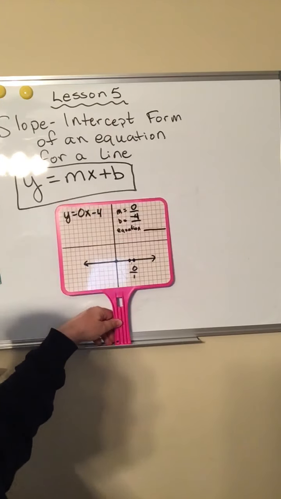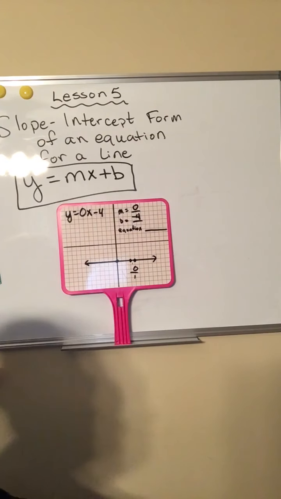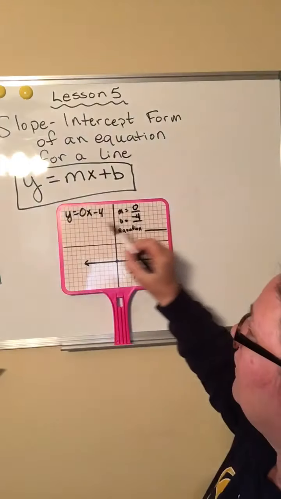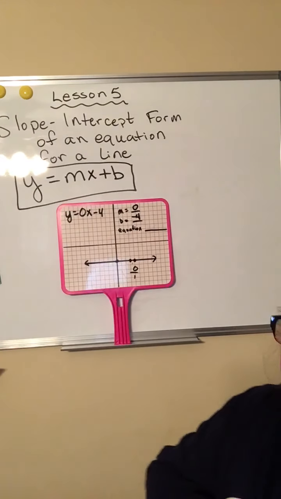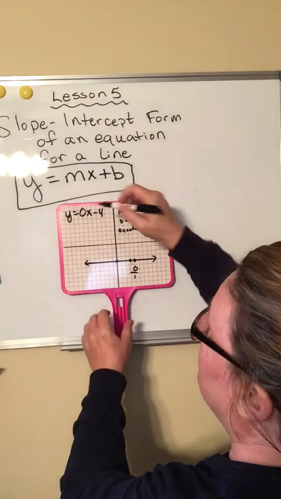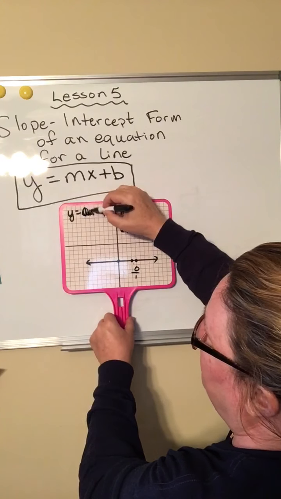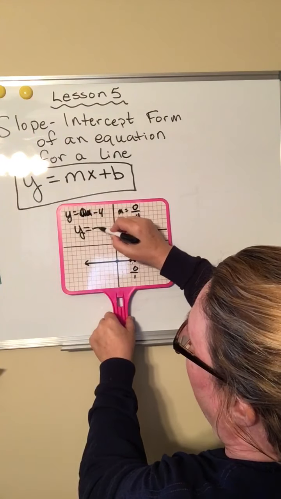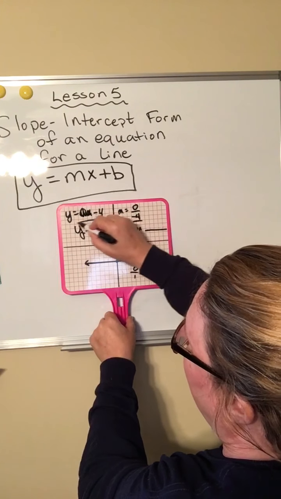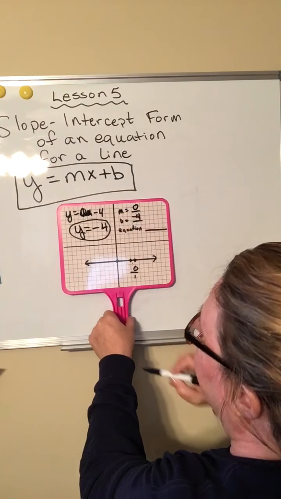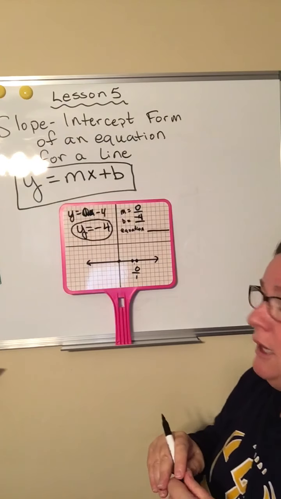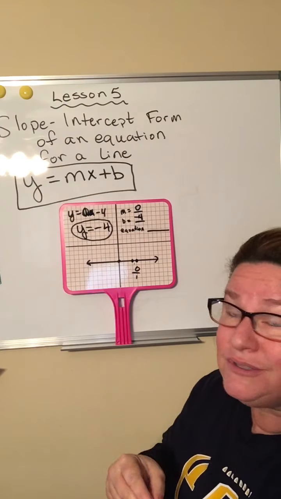Well, anytime you multiply by 0, what do you get? 0x. 0 times x is 0. Do I need to even put it in there? Nope. So the answer to this is going to be y equals -4. Now, there is a way to remember this, but I think sometimes it gets confusing.